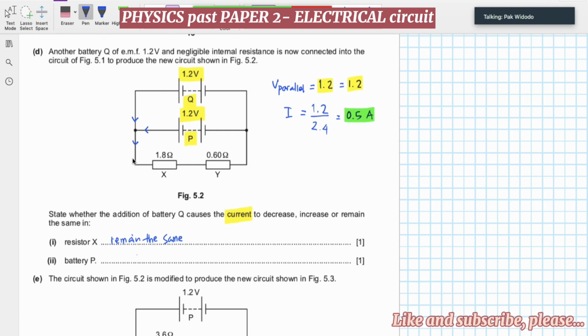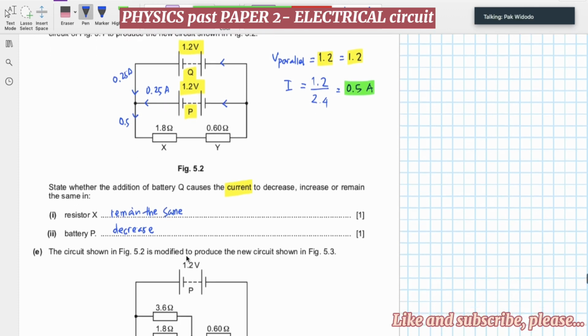So let's say this is 0.5 ampere, this is 0.25 ampere, and this is 0.25 ampere. So the current in P will be different, but the same as Q. It is different, it decreases. That's it.